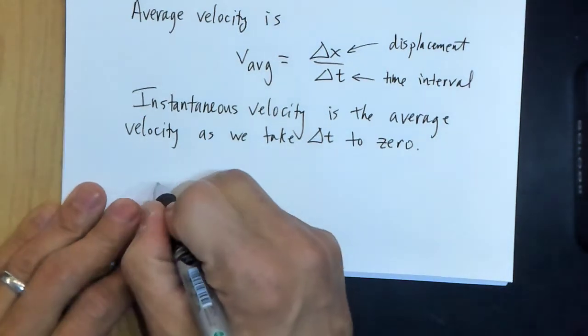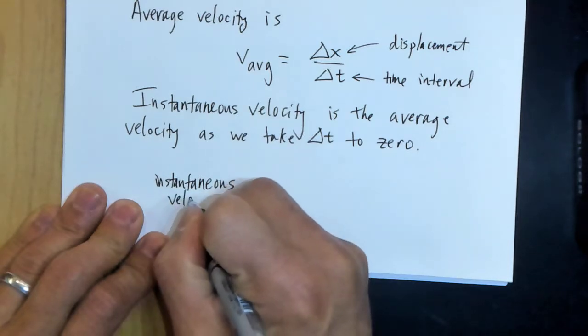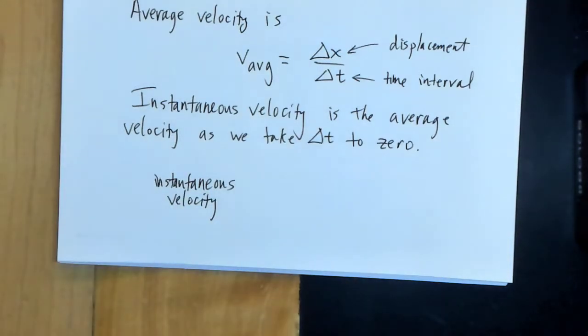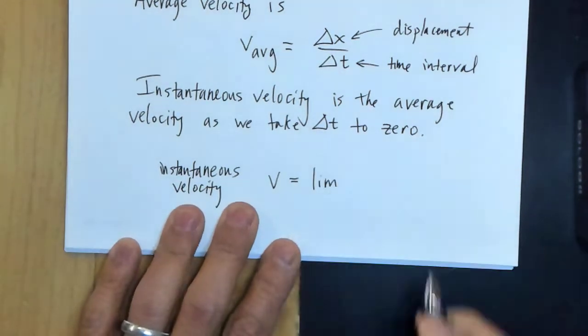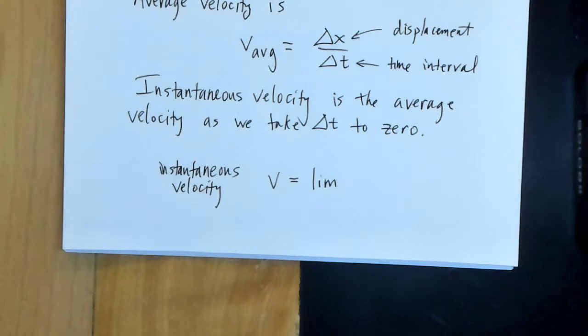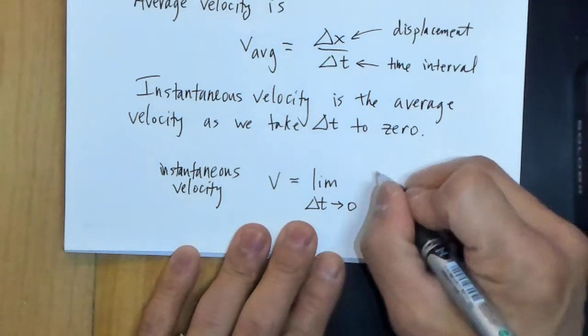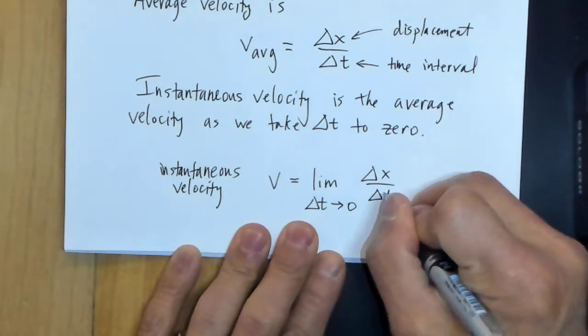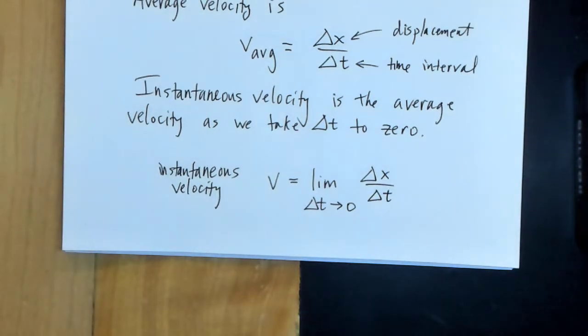So if we have the instantaneous velocity, v, this will be the limit. Everybody's okay with this notation, limit? You put something goes to 0 underneath, right? All this calculus notation. Okay, so limit as delta t goes to 0, delta x over delta t. All right, so we're going to take smaller time intervals and then get the ratio of delta x over delta t.